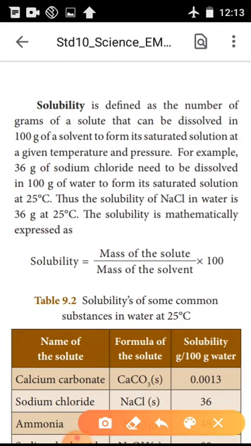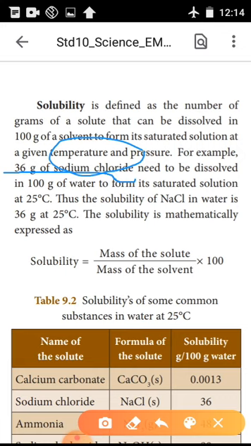So saturated solution means we need 36 gram of solute and 100 gram of water. Okay, 36 gram of solute and 100 gram of water. Here we are taking sodium chloride. Sodium chloride is salt. So you know very well what is sodium chloride. Yes, very good.